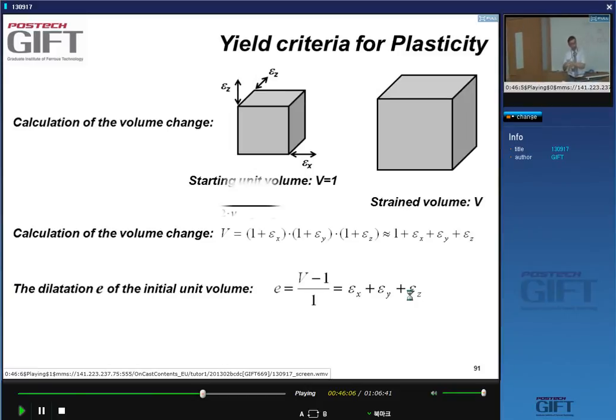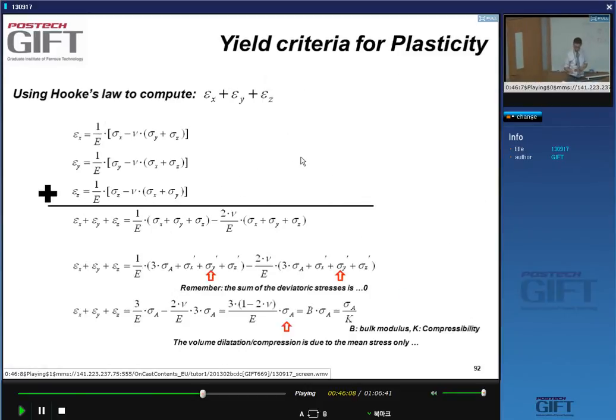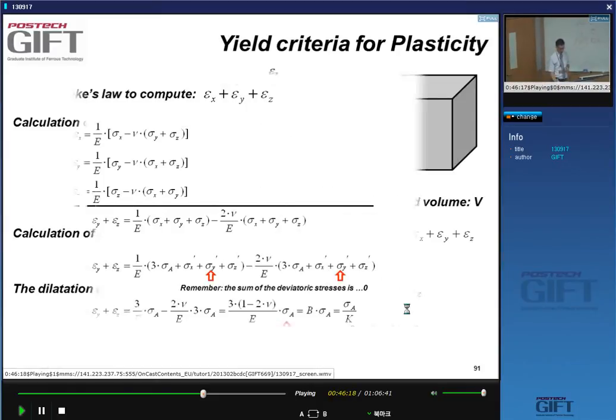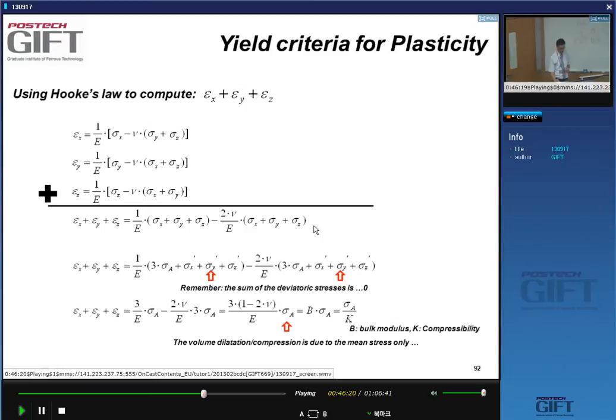Yes? Okay. Good. So we are going to look at this sum, this dilatation, and express it in terms of the stresses. And again, we do this using Hooke's law.